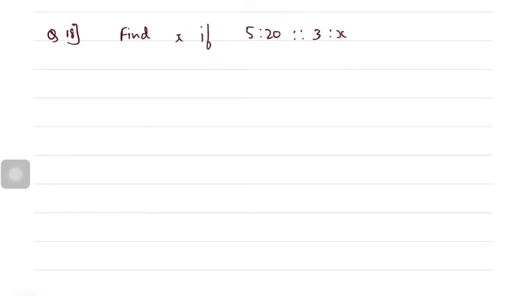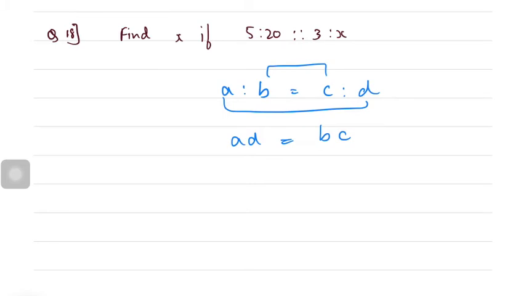Find x if 5 is to 20 is equal to 3 is to x. Okay, let's solve this. If a is to b is equal to c is to d, then AD is equal to BC, right?